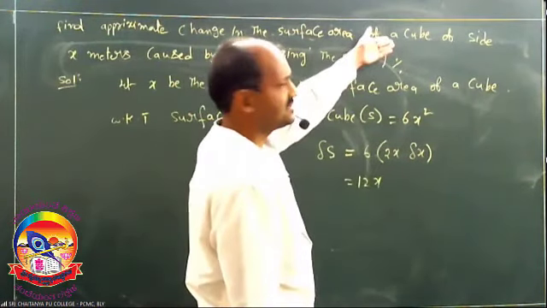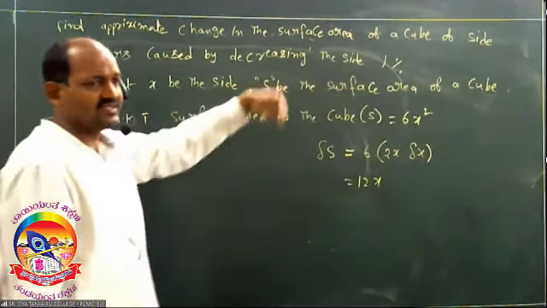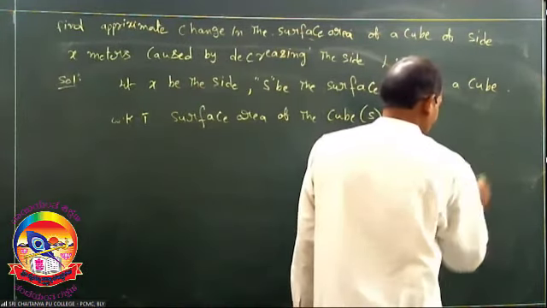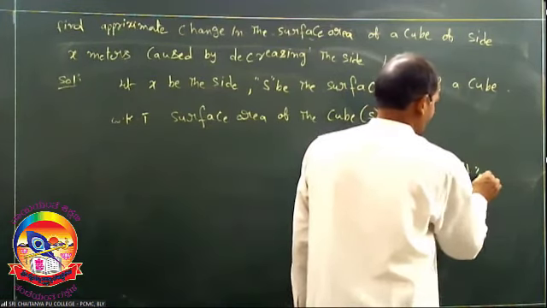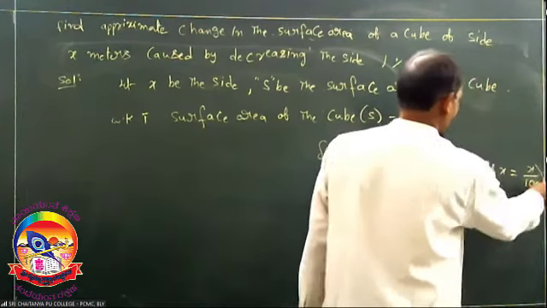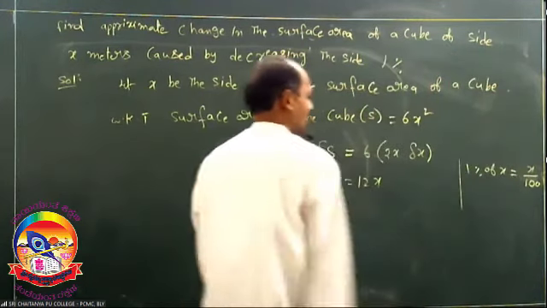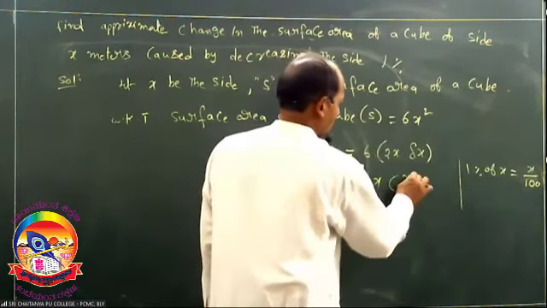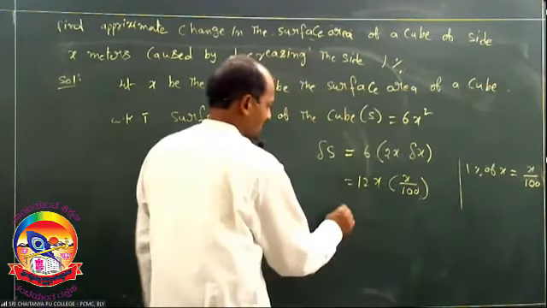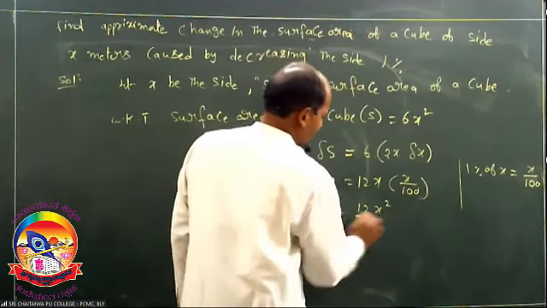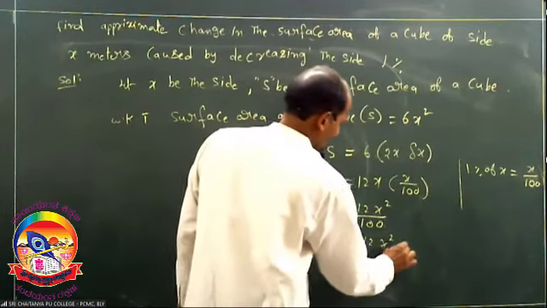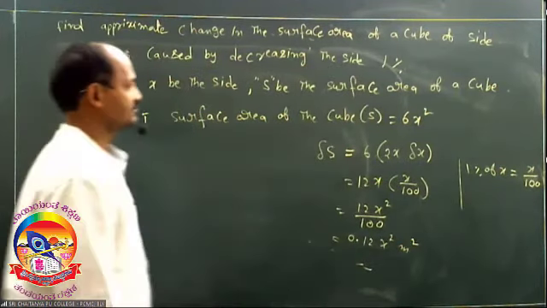The side is x meters and the side decreases by 1%, so that means 1% of x, that is x divided by 100. So it is 12x into x divided by 100, and decreasing means minus. It is 12x² divided by 100, that is 0.12x² meter squared.